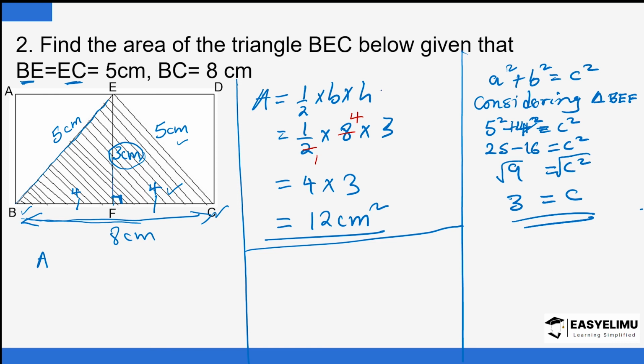And so I have base times height. So base is this one here. See. So EF becomes the altitude of that triangle. EF here becomes the altitude of the triangle, and then this one here, BC, becomes the base.